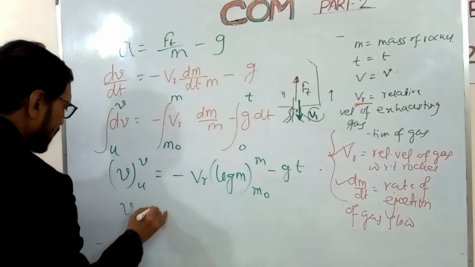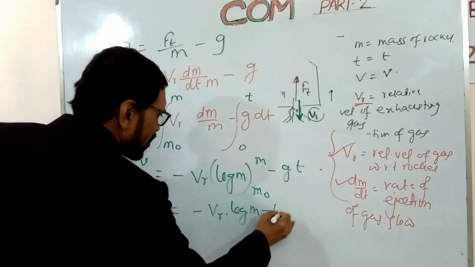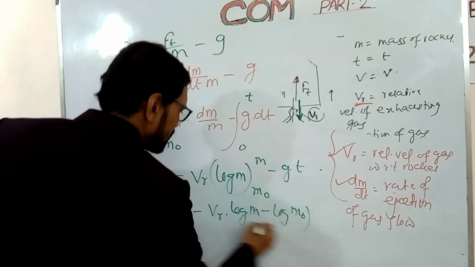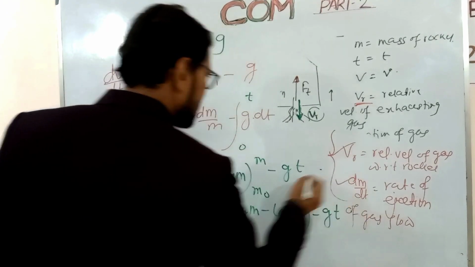So v minus u equals minus Vr (log m minus log m0) minus gt.